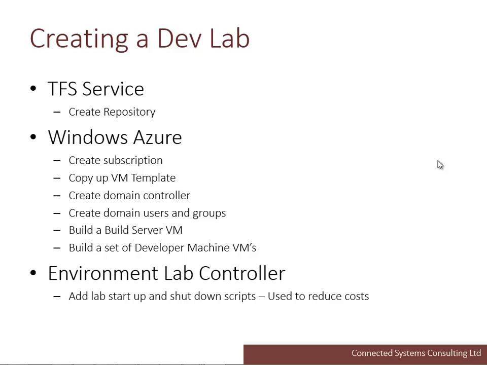The final step is we have this idea of an environment lab controller. So here we have a machine in Windows Azure where, if you imagine, we've got multiple dev labs, and we want one machine in the middle that basically manages the start and stop of those labs. Now here we're basically trying to save cost is the key thing.